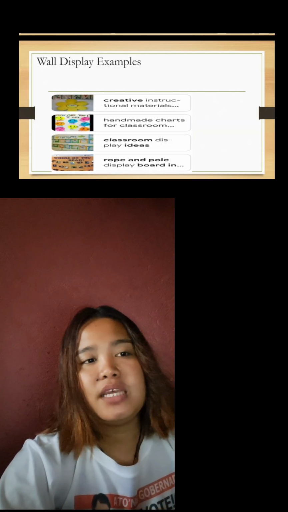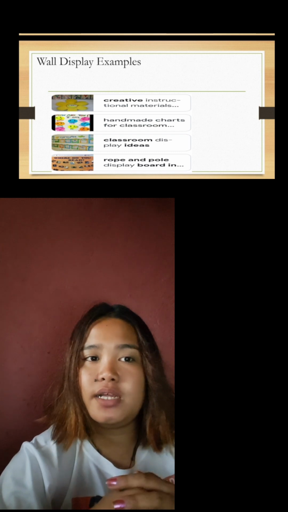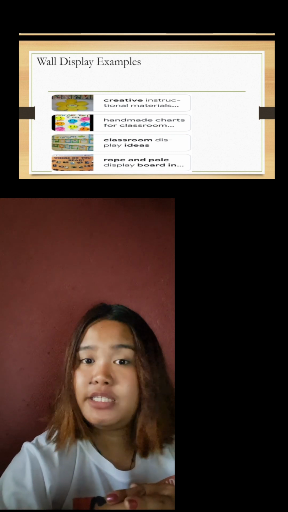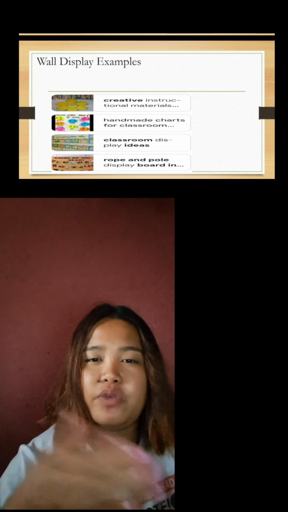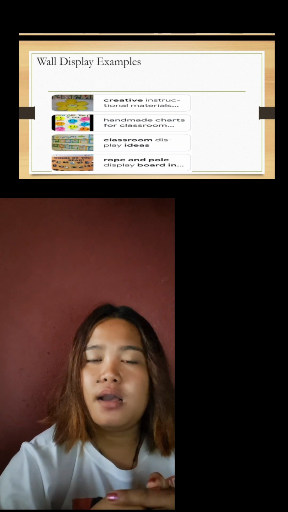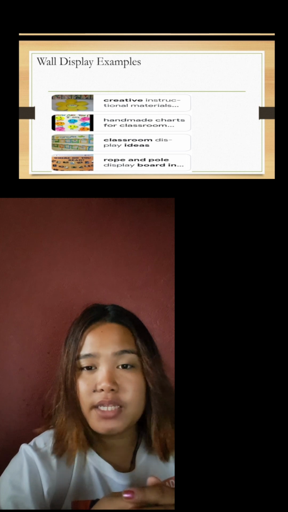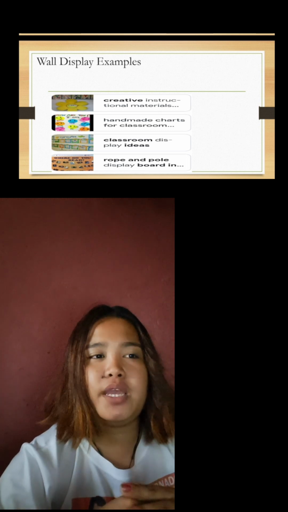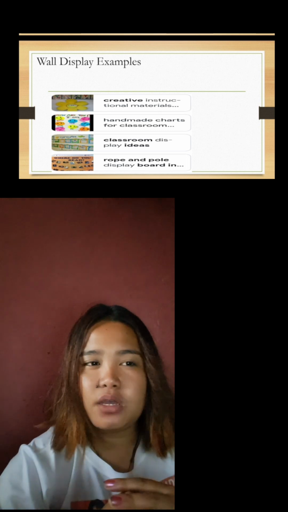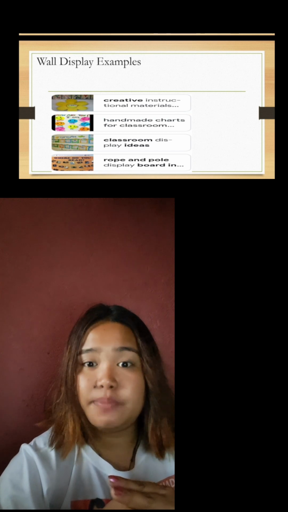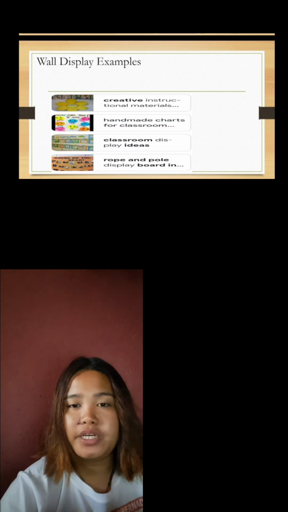I have here some examples of wall displays, such as creative instructional materials for our classroom, especially for our future students. In our classroom, we create different kinds of wall displays for our students.